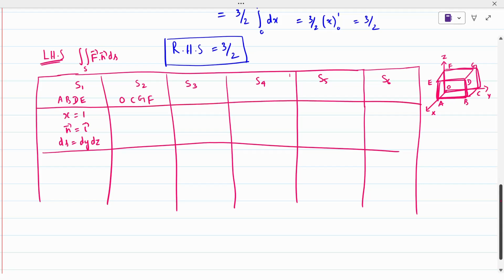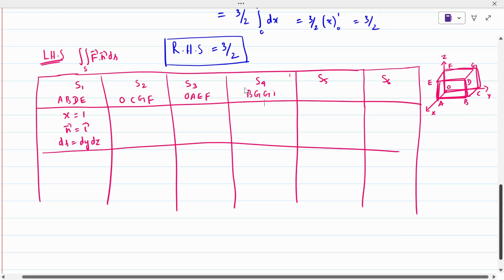All the 6 surfaces. So my left will be the third surface O, A, E, F. My right will be the fourth surface, this, so it is B, C, G, D. B, C. Instead of C, I have written G. Okay.